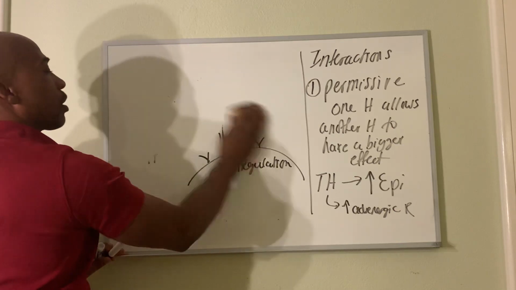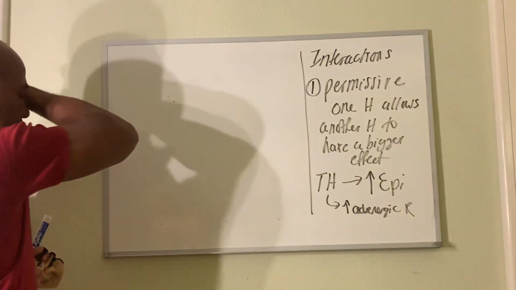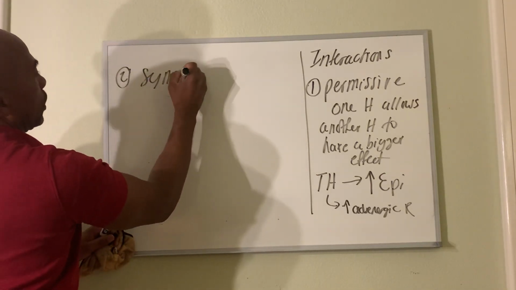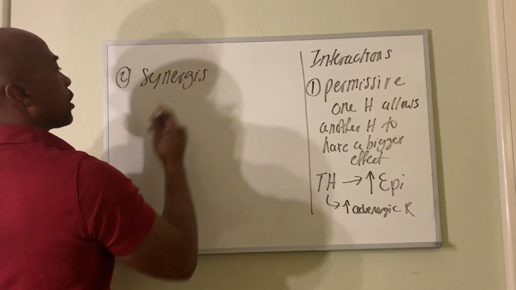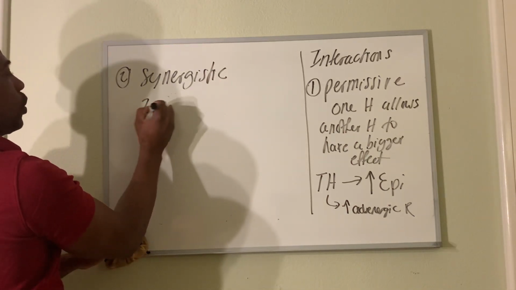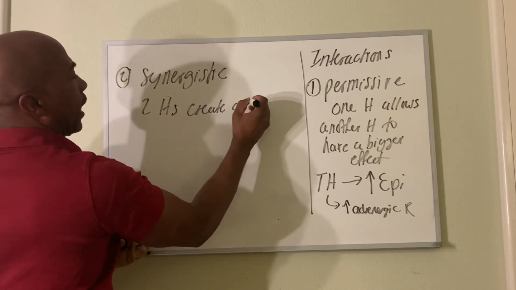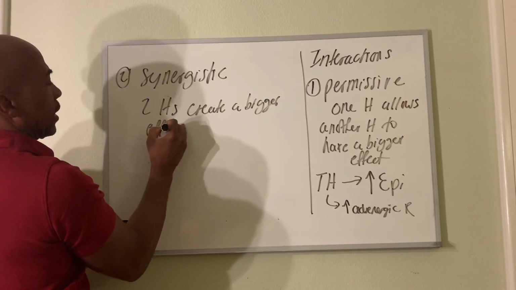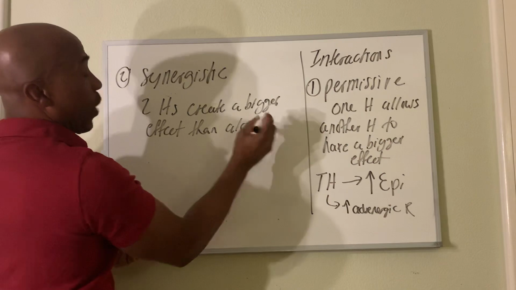Another interaction we can talk about is one of synergism. Okay. So synergism, or synergistic interactions, I should say. Here, 2 hormones create a bigger effect than when they act alone.